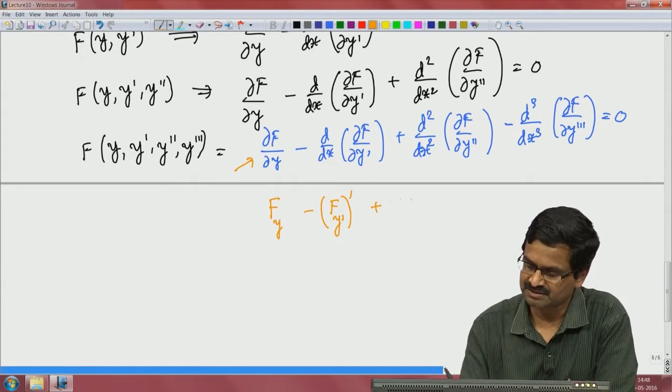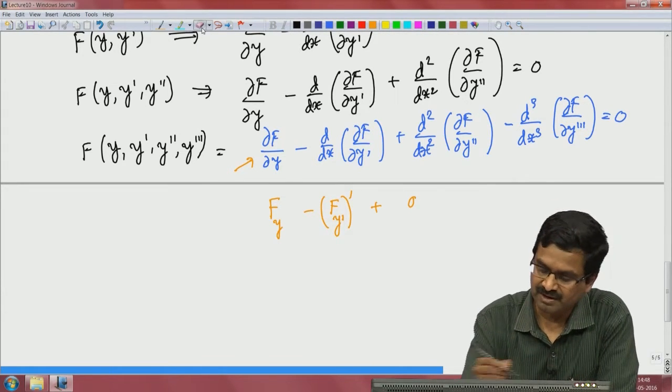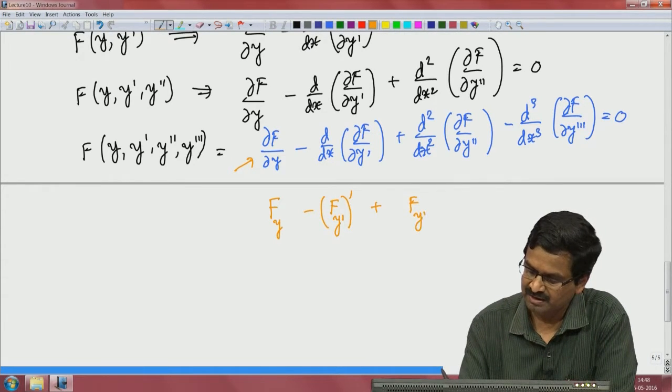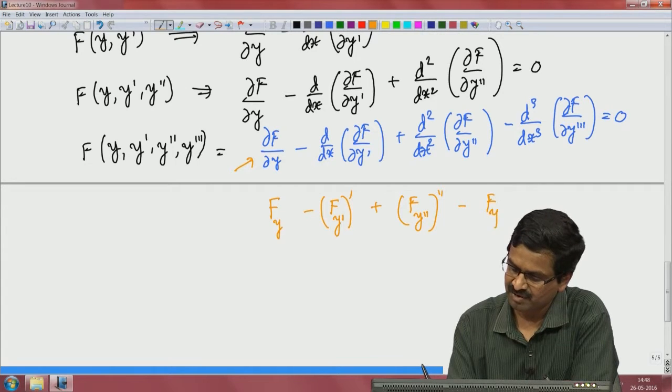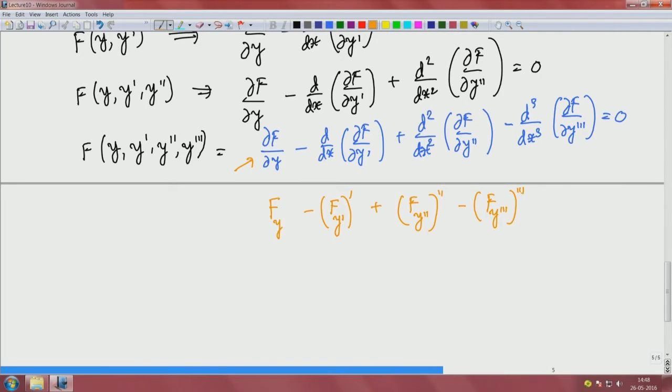Plus f y double prime, and then double prime of that, d square by dx square, minus f y triple prime, and then triple prime of that. So, each time you have to take that many derivatives: y prime, y double prime, y triple prime. It is a consequence of how many times you do the integration by parts.